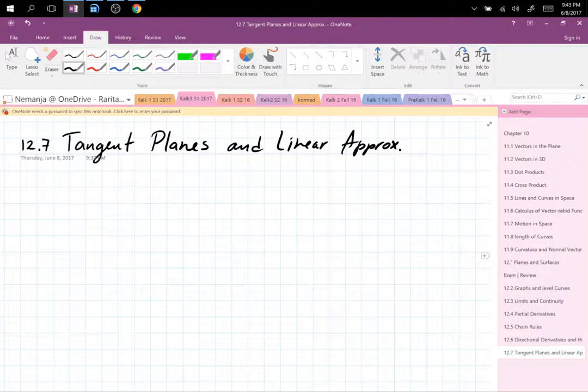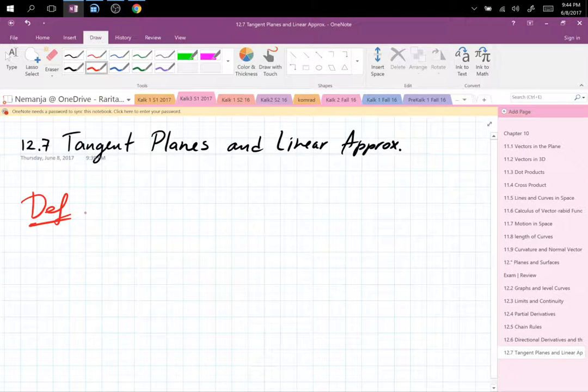So we are looking at the vector fx, fy, and fz computed at the point of interest. So we start the exploration with the definition, and then do a few problems.